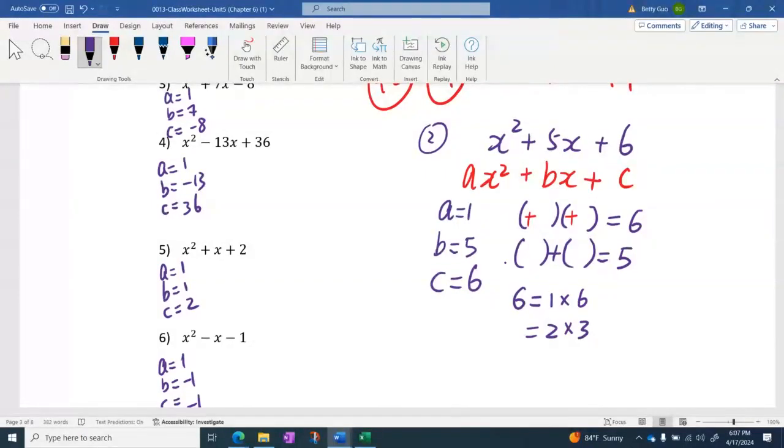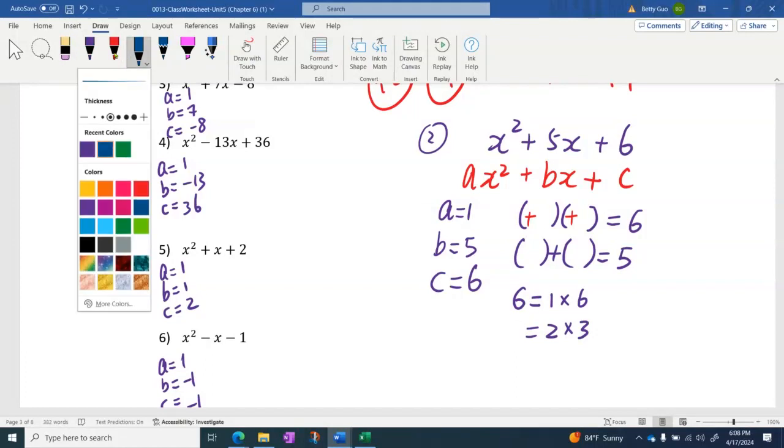And try 3. 3 times 2 and 2 times 3 are the same thing, so we don't have to write it again. And 4 does not go into 6 completely, so we do not write 4. 5 does not go into 6 completely either, so we do not have 5. And 6, we have a 6 already here. So the only ways to factor 6 are 1 times 6 and 2 times 3.